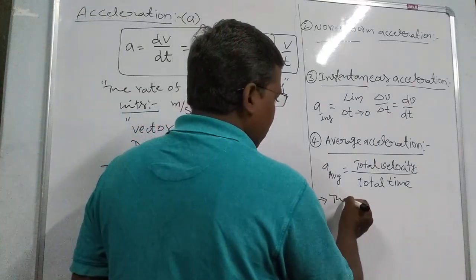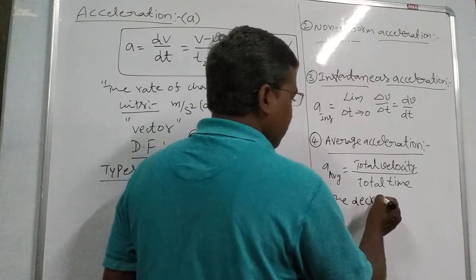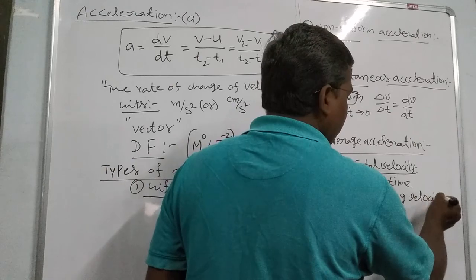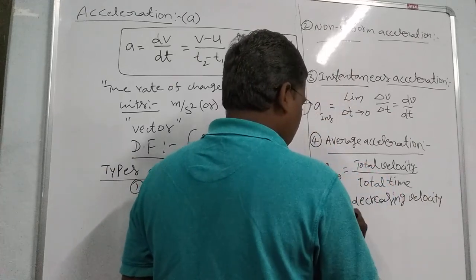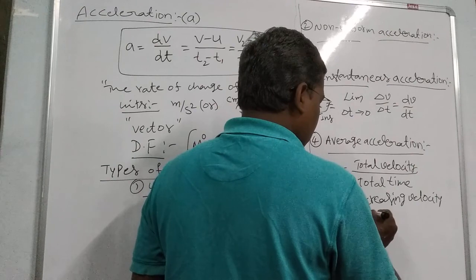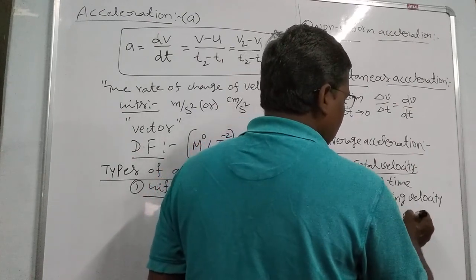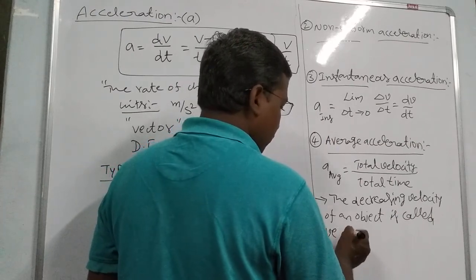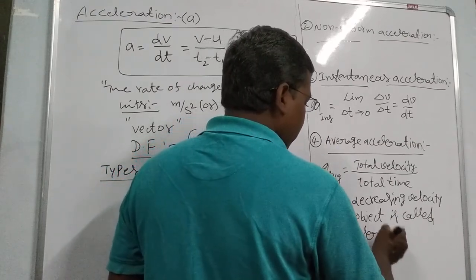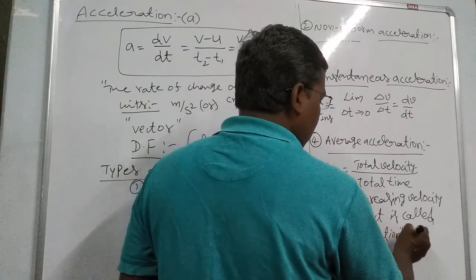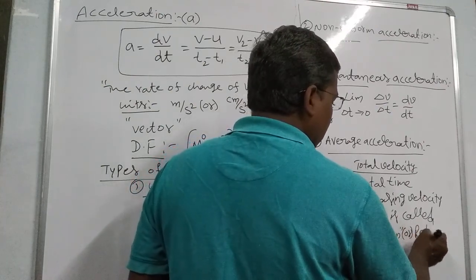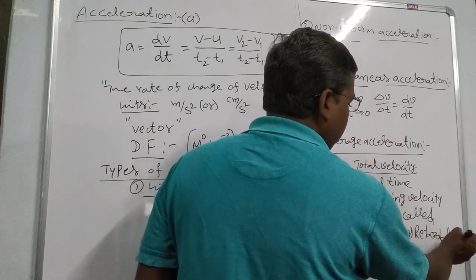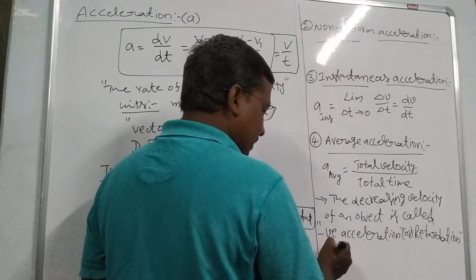So the decreasing velocity of an object is called negative acceleration, or retardation, also called deceleration.